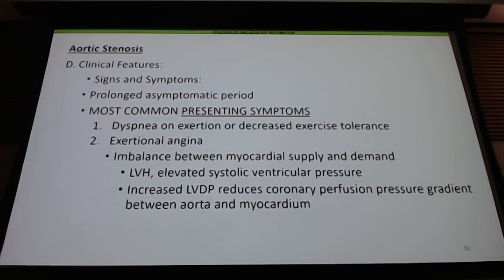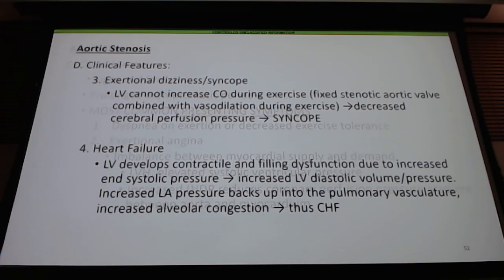And then these folks for a long period of time are going to be completely asymptomatic. Their cardiac output is going to be met. But then when they start to have symptoms, they're going to display symptoms related to decreased cardiac output. So they're going to have the exertional symptoms to include shortness of breath with exertion, exertional chest pain because they're not getting that cardiac output and coronary artery blood flow because that perfusion pressure is going to be down.